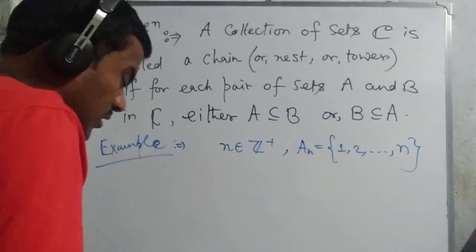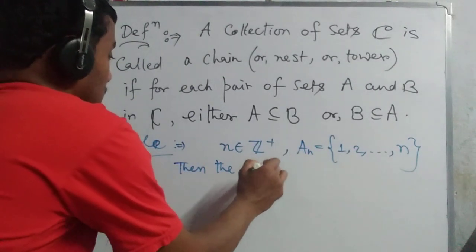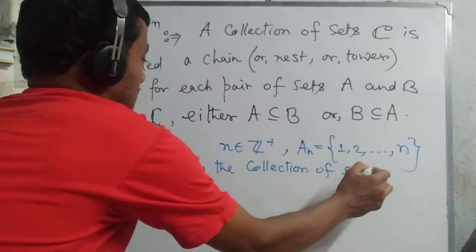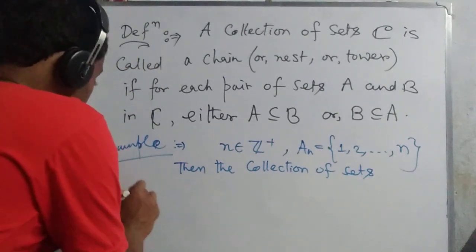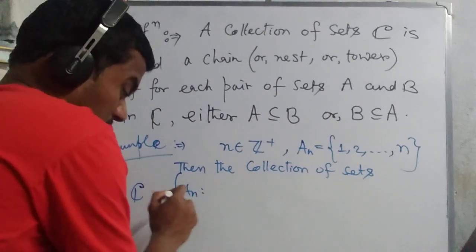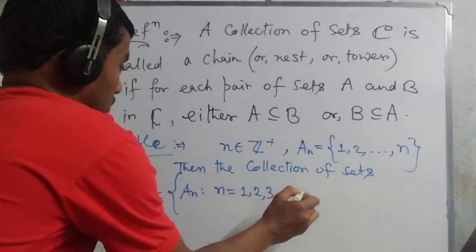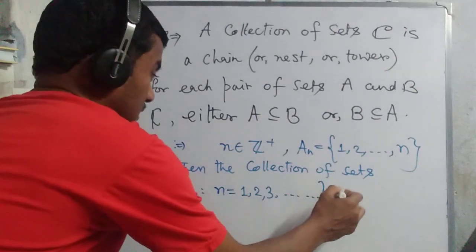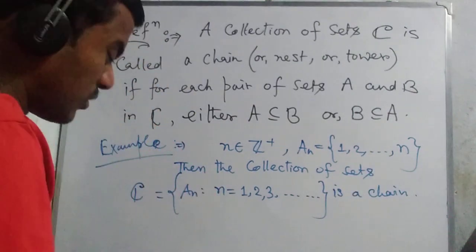Then the collection of sets, script C equal to A_n, here n equal to 1, 2, 3, ..., is a chain, understood.